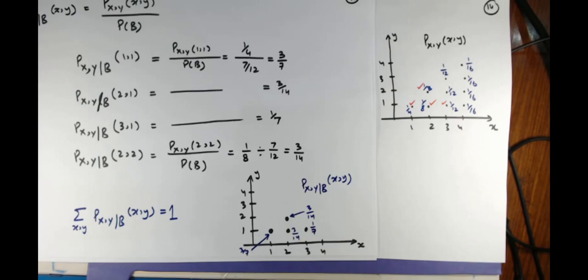A quick summary. When you apply a conditioning event, you reduce the sample space, and that sample space is reduced to the size of the conditioning event.